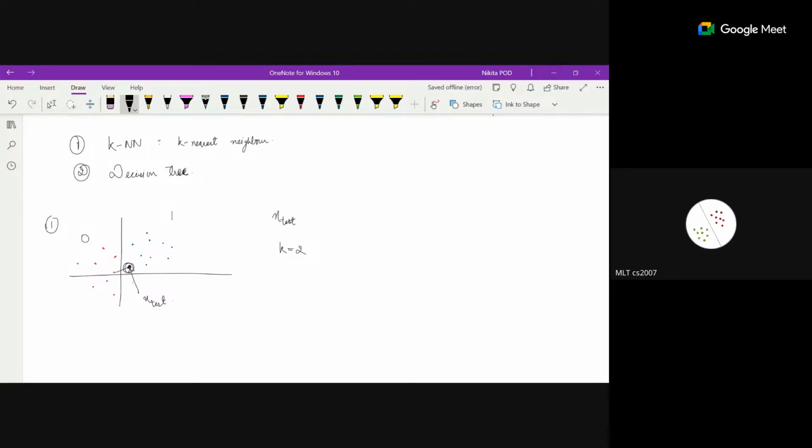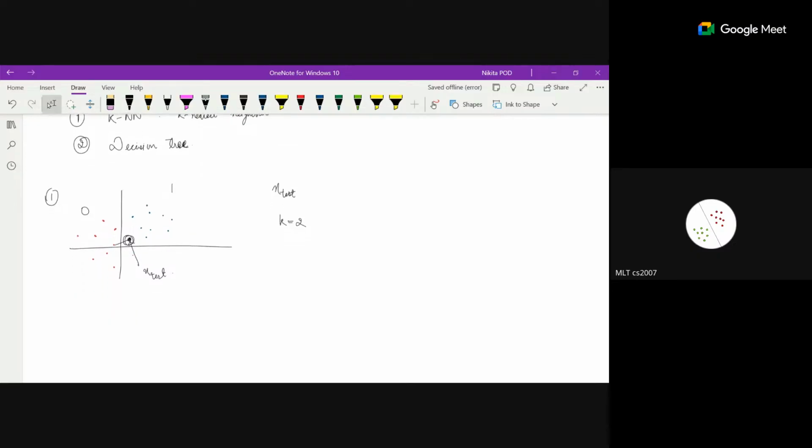So given any test point X test, you find the k closest neighbors.